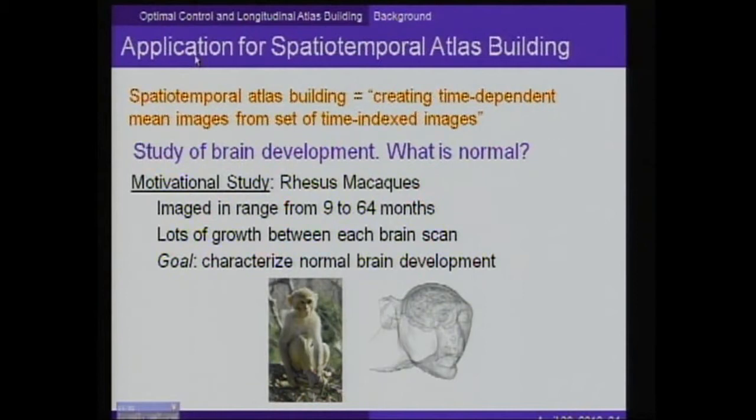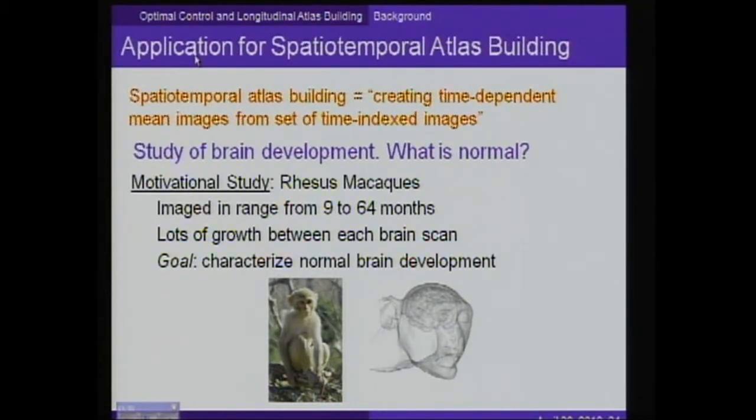So what I mean by this is, in longitudinal atlas building, what you're after is you have images of, let's say, monkeys in this particular case, or humans, and you have them acquired not only at one time point, but you follow a subject over time. So you acquire it maybe every year, every half year, whatever makes sense for the particular application.